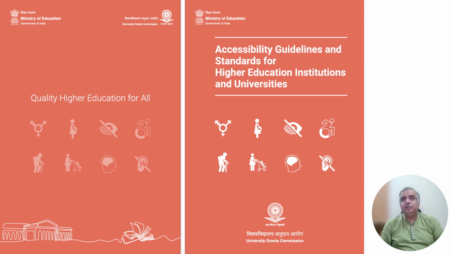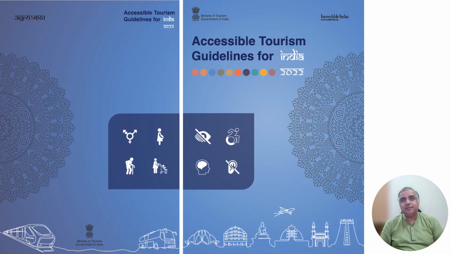This was done through a team of professionals from various sectors of disability, legal, and educational backgrounds, and I had the chance to chair this committee and produce these documents as guidelines as an end outcome of this, which is also now a national document for inclusive education or basically for accessibility for higher education campuses.